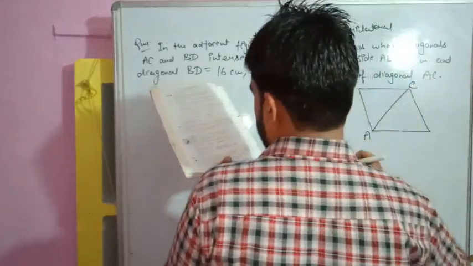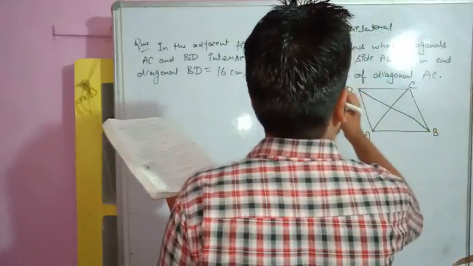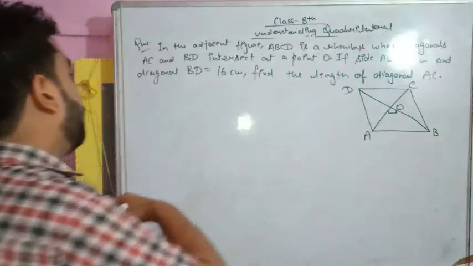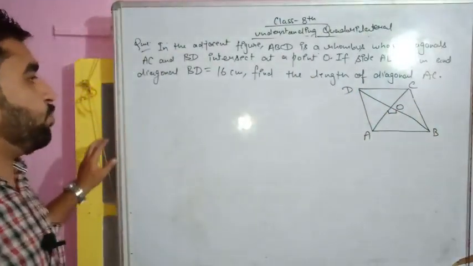AC and BD. Fine. And this angle, because this is a rhombus, must be 90 degree. Now let us imagine the picture of this question.